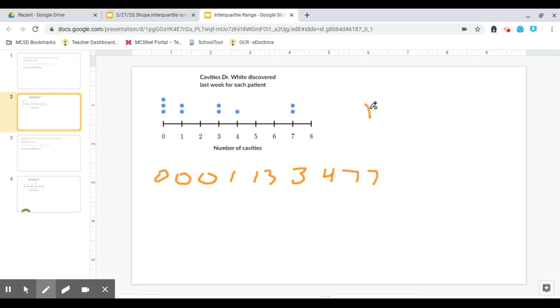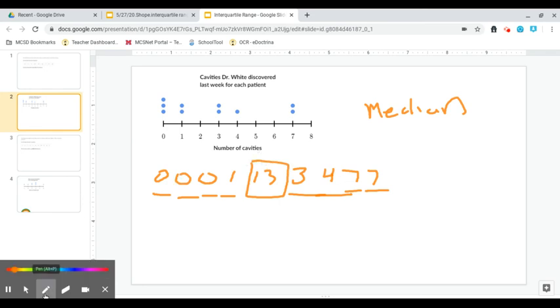I want to find first the median of this. In order to do that, I need to find the middle. Beginning, end, beginning, end, beginning, end, beginning, end. Ooh, I have a beginning and an end there. So I need to find out what's in the middle of 1 and 3. Well, right in the middle of 1 and 3 is a 2.